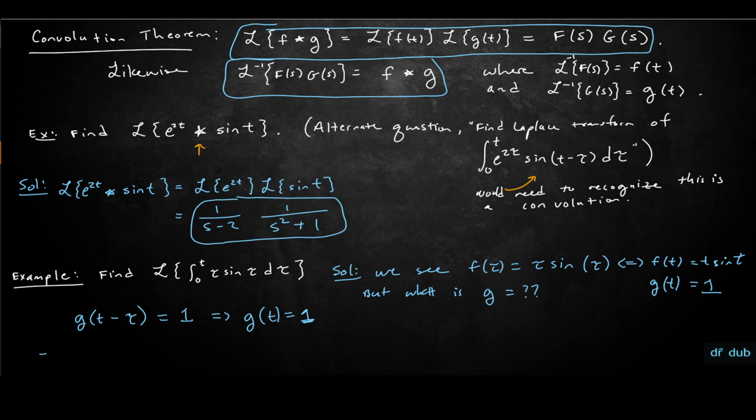So then that tells us the Laplace transform of this integral from 0 to t of tau sine tau d tau can be written as Laplace of t sine t times Laplace of 1.